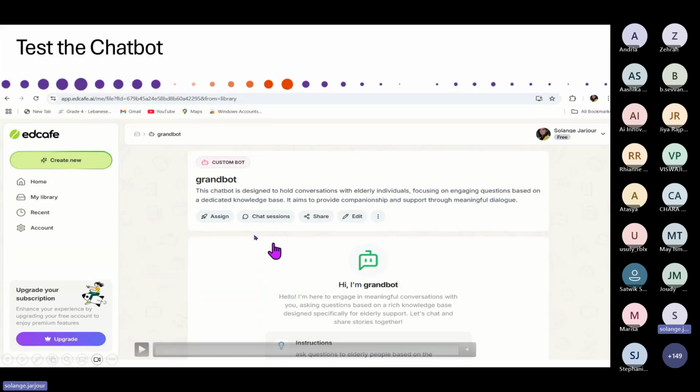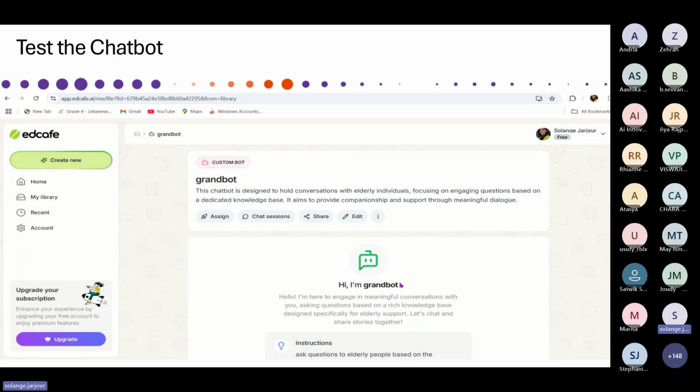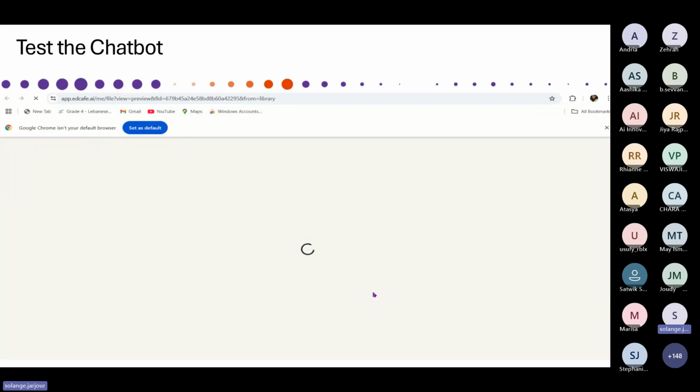Okay, so now what I need to do after I finish the chatbot is test it. So let's see how we can test it. I can check the session chat, so how many chats were done. I can share it. And if I go down, I have test me out, and here is where I can start testing.